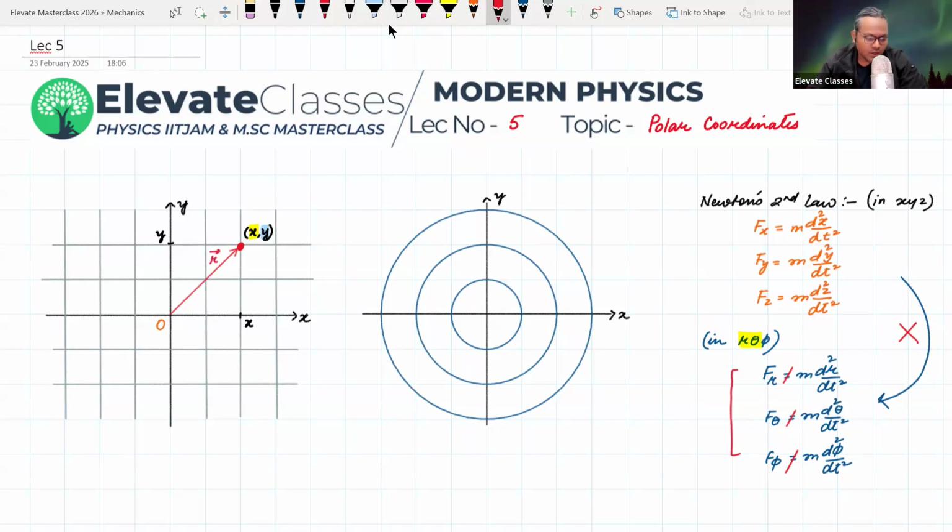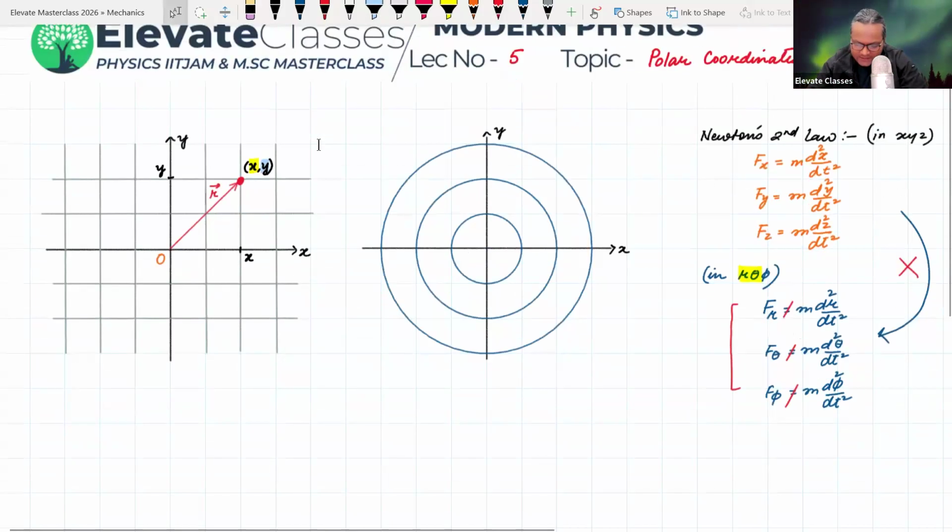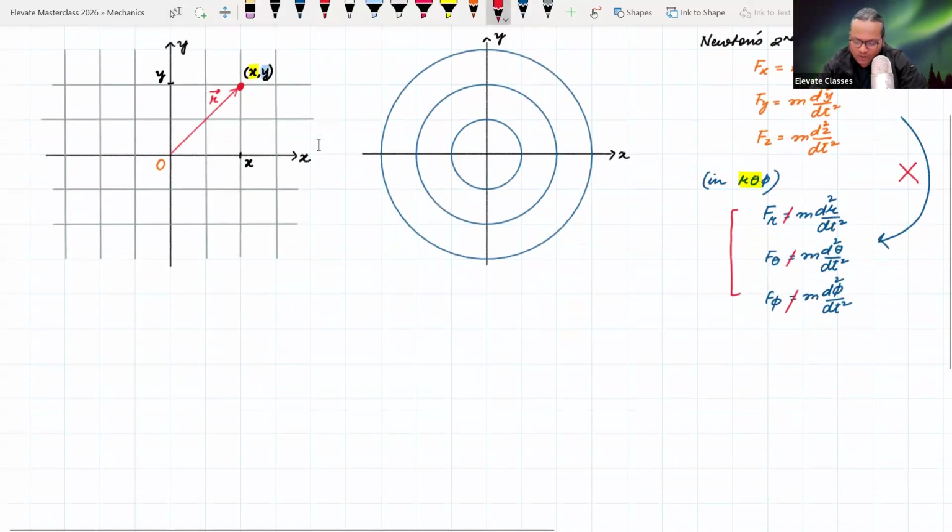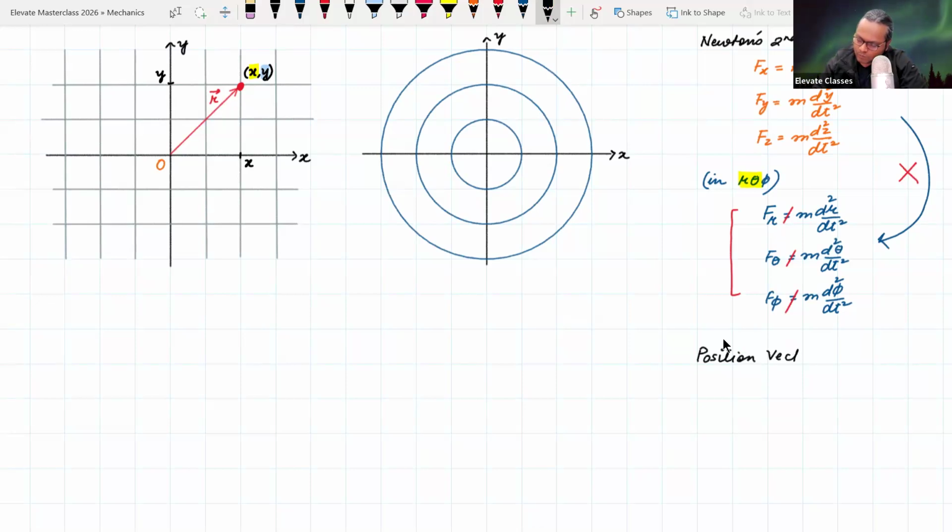Okay. Now, what we can do is we can take this r and we can talk about various quantities. So if we have a position vector, which is nothing but r, that is denoted as x i cap plus y j cap. Again, I'm doing this analysis in 2D because it's sort of easier.